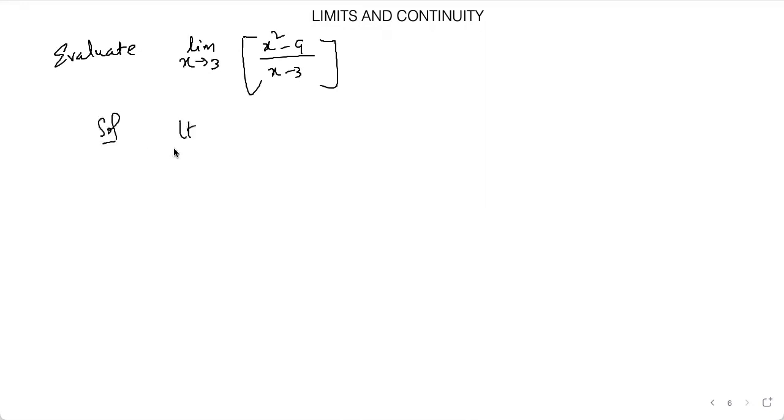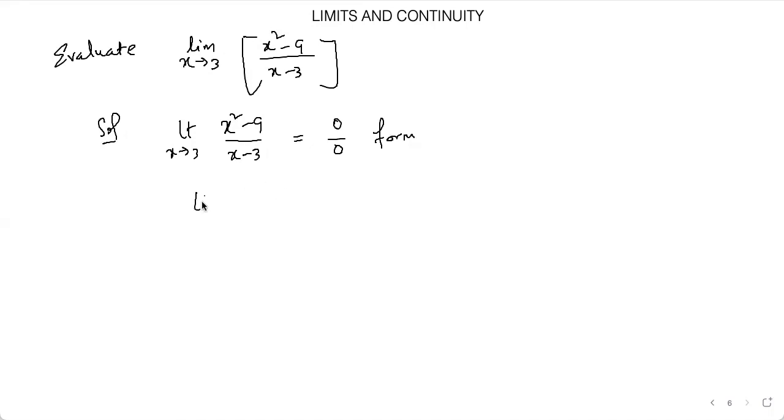So let us evaluate the limit x tends to 3 of (x square minus 9) by (x minus 3). Now if you see here, when I put x as 3, this becomes 0 by 0 form.